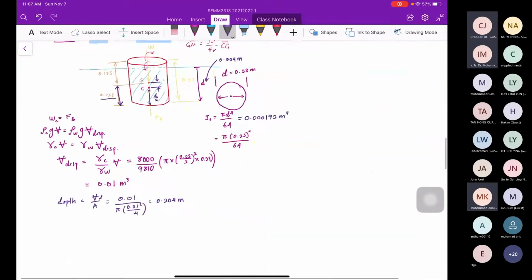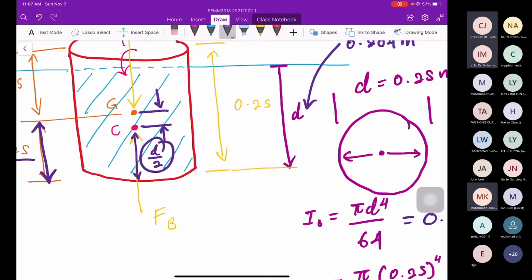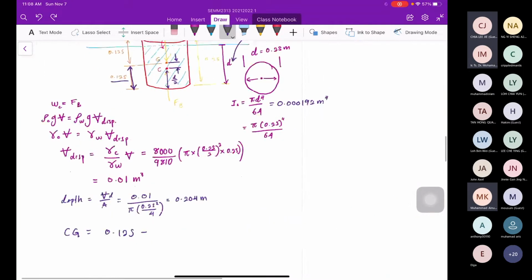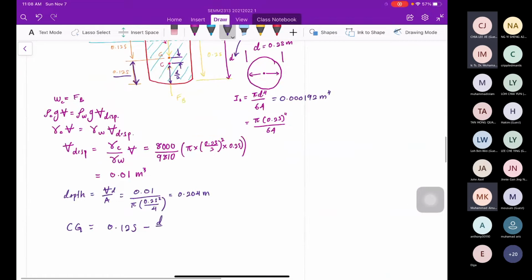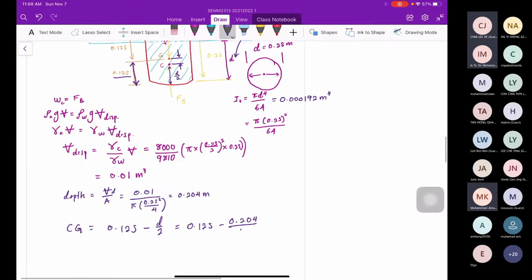So to calculate C to G, which is 0.125 minus D over 2. So 0.125 minus 0.204 divide with 2. You will get CG equal to 0.023 meter.